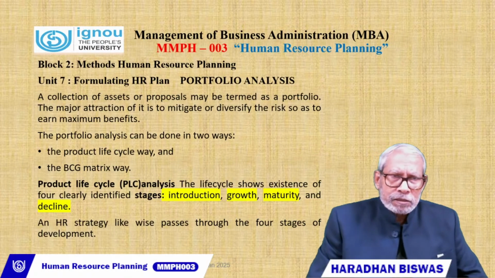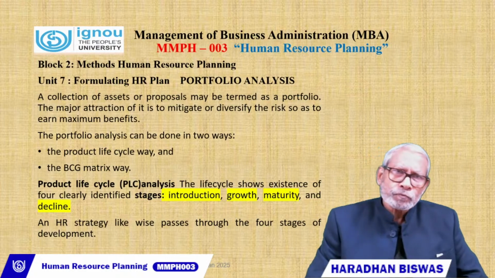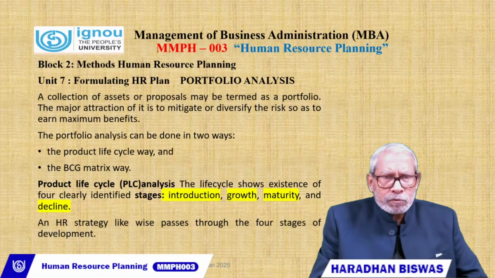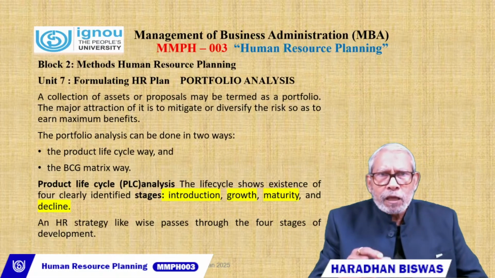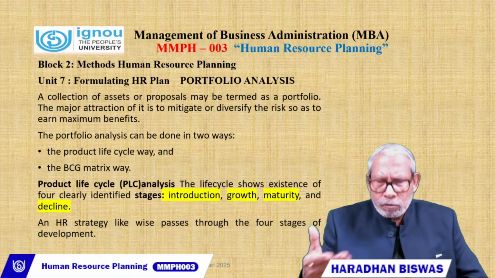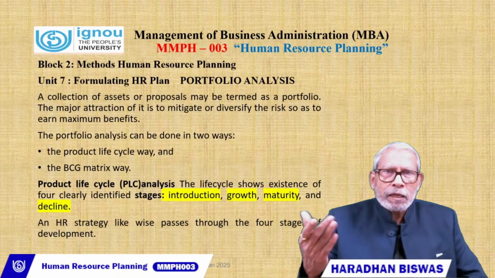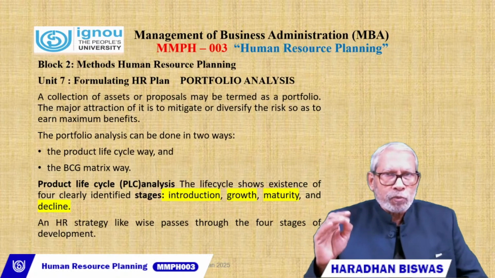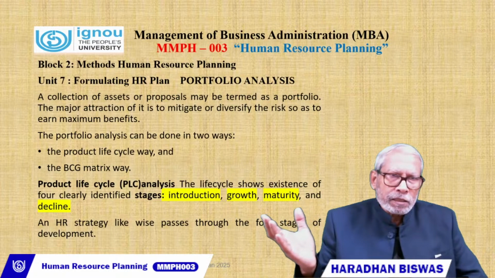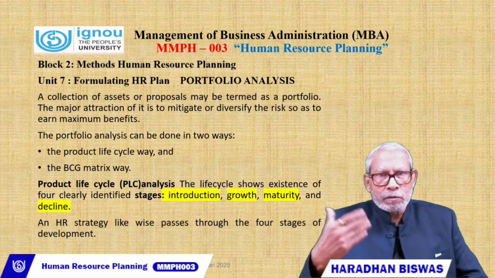From the individual or the organization point of view, in the initial stage, the introduction part, then after that the product will grow, the market will be captured, and market share will be more. That is the growth stage. Then it will reach the maturity point. After that, it starts to decline.